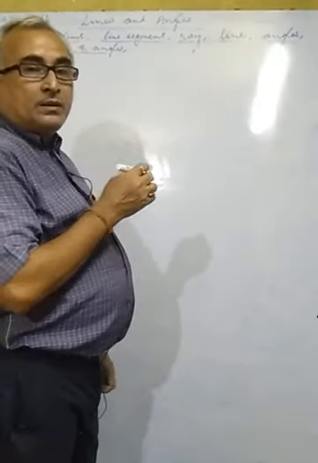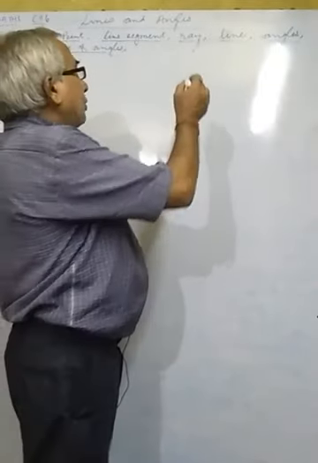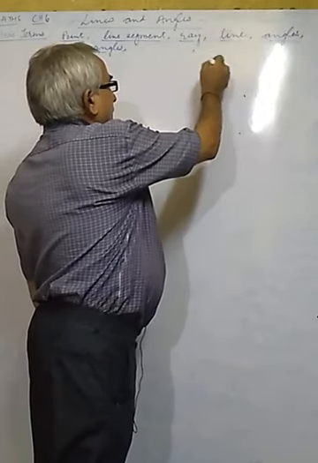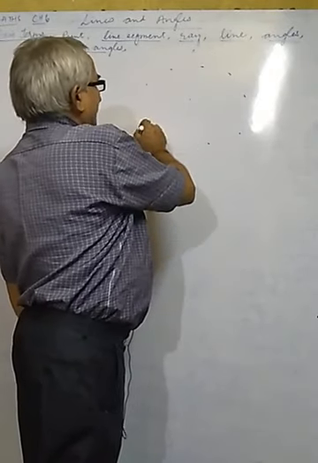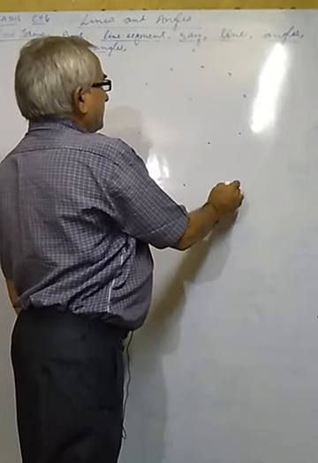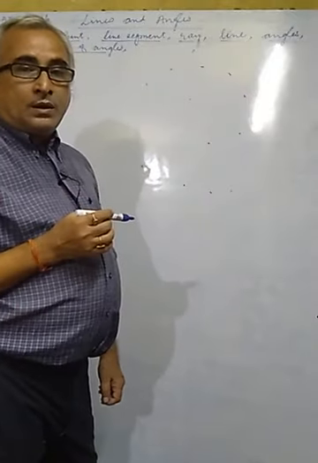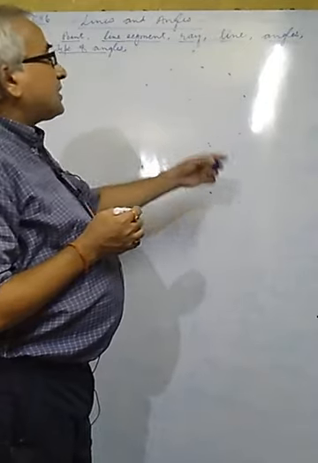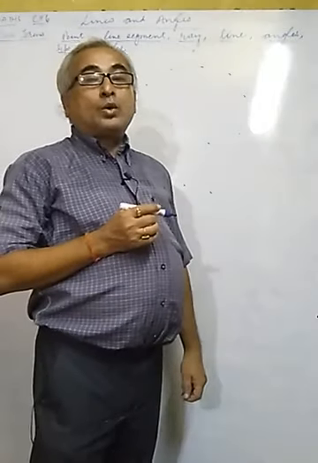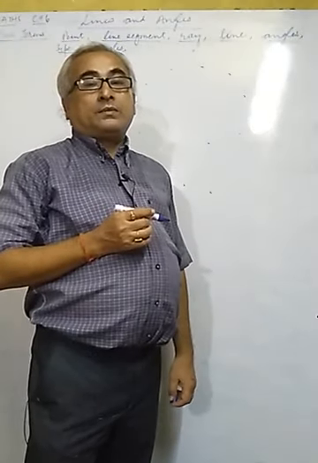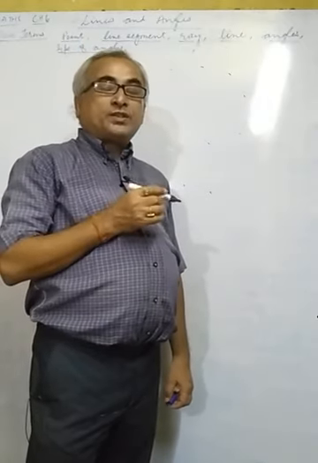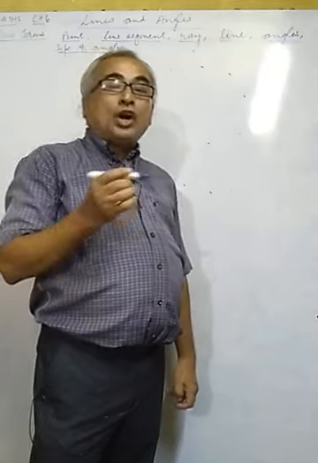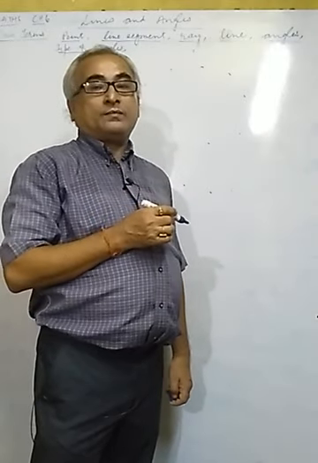In this way, with the help of a pen, so many dots may be created. Now, all these dots are representing a location. For location purposes, when a dot is created, that dot is known as a point.